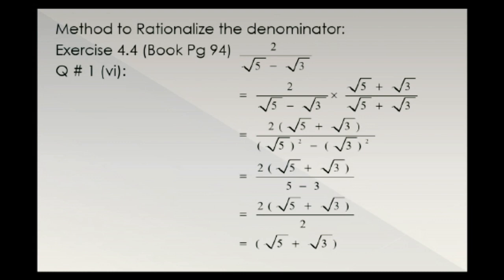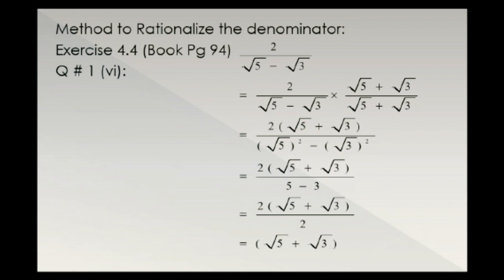Another question which is related to the binomial surd, the method to rationalize the denominator or rationalize the surd. Exercise 4.4, book page 94, question number 1, part number 6. You can see in the denominator under root 5 minus under root 3. This is a binomial surd. So whenever there is a binomial surd, what will we do?